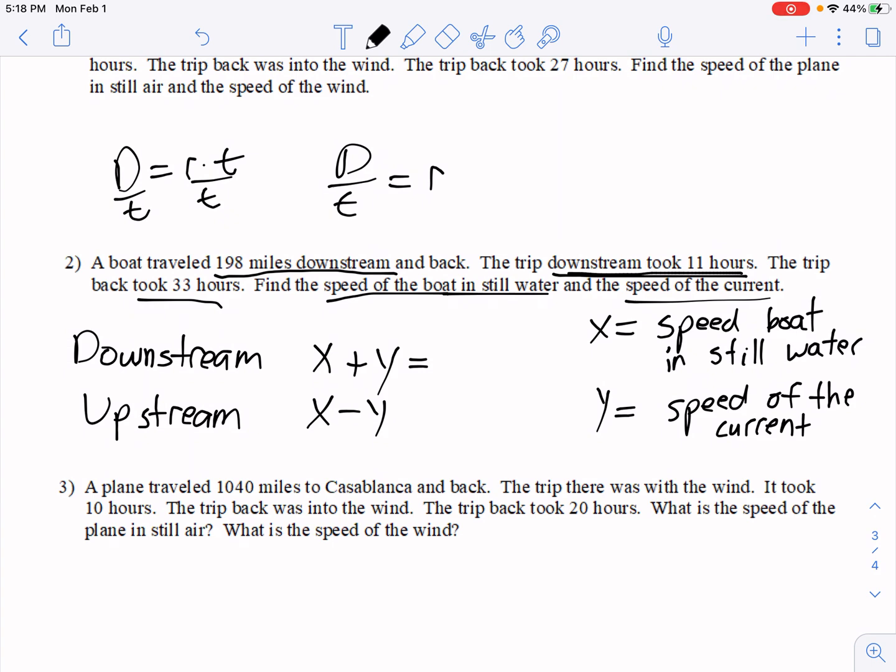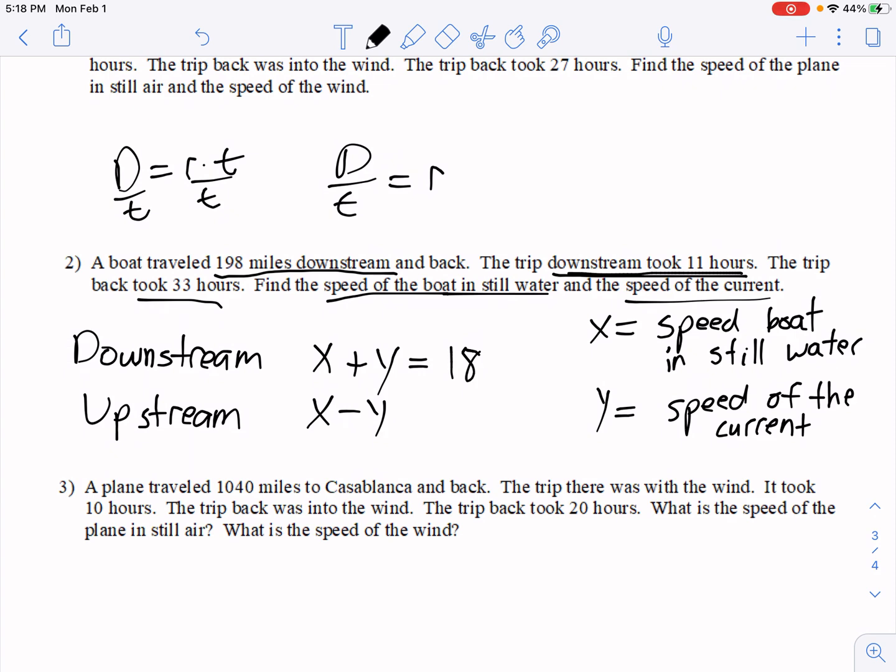Okay, so if I take 198 in our calculator, 198 divided by 11, you would get 18. So 198 divided by 11 says that we were traveling 18 miles per hour between the speed of the boat in still water plus being pushed by the current.